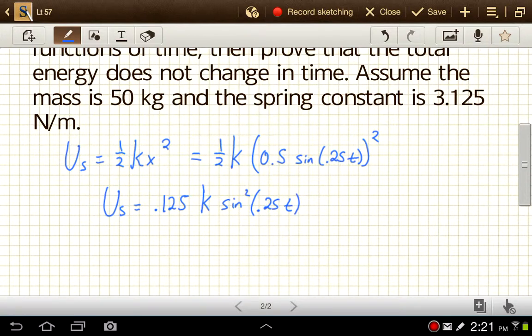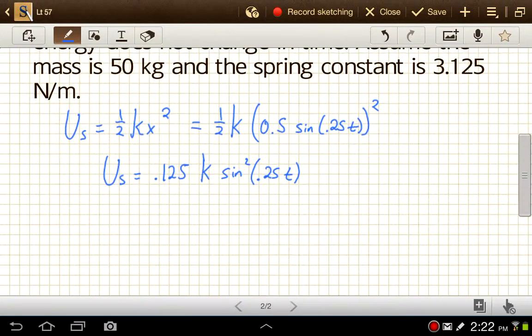And when the whole sine function is squared, we usually put the squared right between the sine and the term that's being signed, just so that we don't wonder, do we do the squared first and then take the sine of that, or do we do the sine first and then take the square? This clears it up. So we do the sine of this number, and then we square that whole thing. So that's just a notation thing. So that's our expression for U_S.